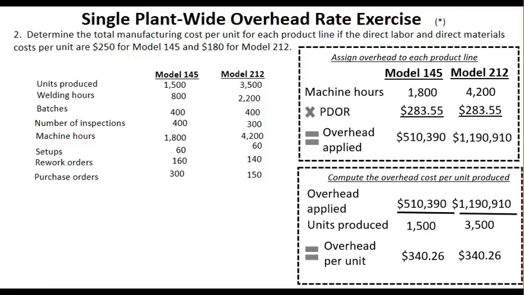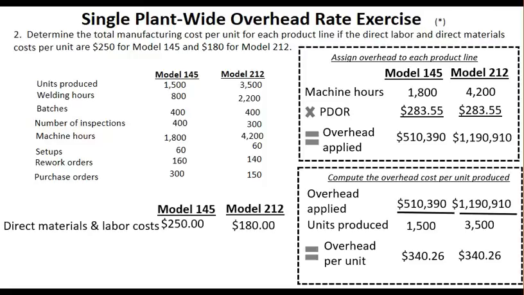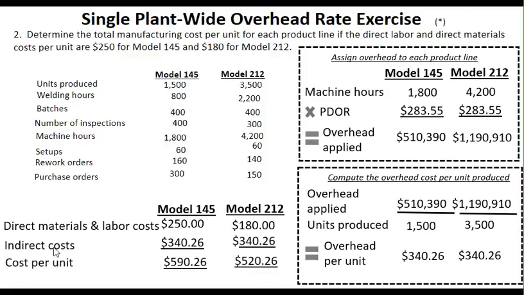That makes sense because we're using a single allocation rate. Now I'm going to allocate my materials and labor cost, which was given to me in the problem explanation, to models 145 and 212. And you can see the costs that were allocated. To that I'm going to add my indirect cost, in effect my overhead cost, which comes out to $340.26 per unit.